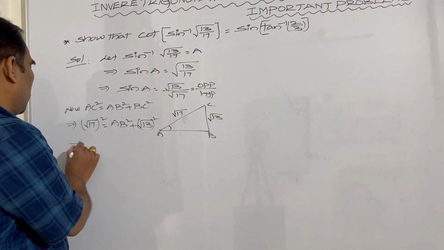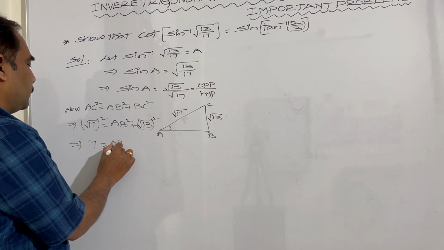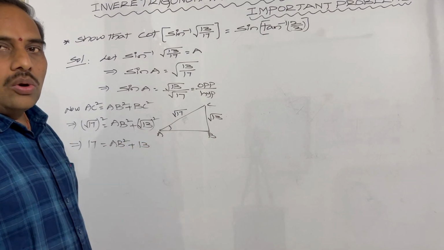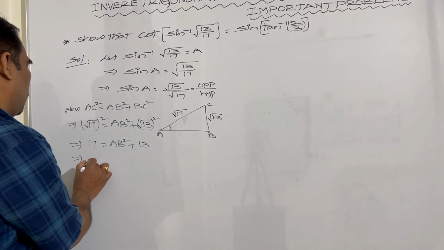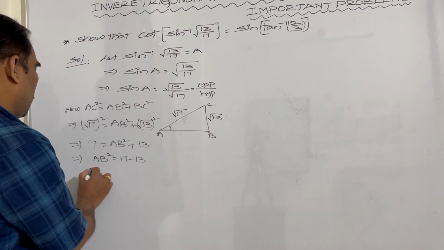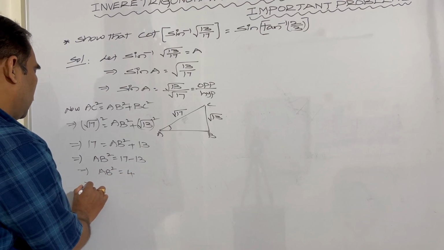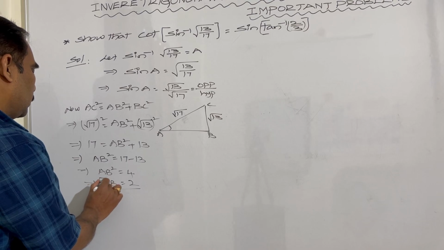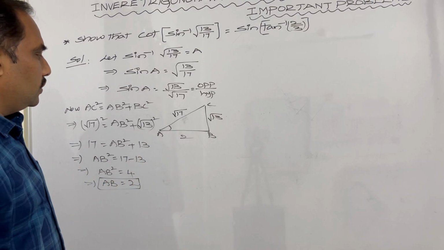The square and root get cancelled, so 17 is equal to AB square plus 13. So AB square is equal to 17 minus 13, which is 4. From this AB is equal to 2.